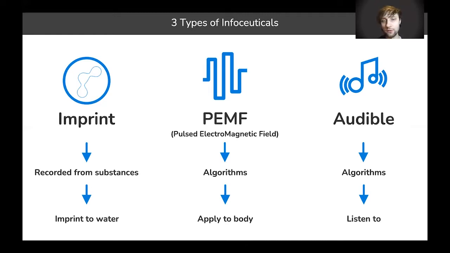They are generated using different algorithms, and the best way of using them is to apply them directly to the body. Audible ICs are also created with the help of algorithms, and the best way to use them is to listen to them with headphones, or also apply the device directly to the body.